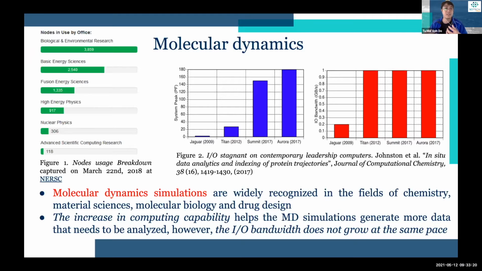Traditionally the data need to be stored in the file system first, and after that it will be retrieved for processing. However, because the I/O bandwidth does not grow at the same pace as the computing capabilities of the hardware technologies, the I/O limitation will become the I/O bottleneck when we want to save a large amount of data on the file system.